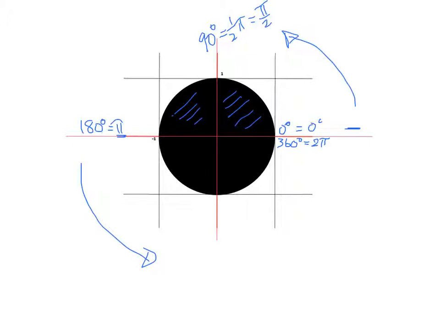And then coming around to here is the third half of pi. So this would give you 3 over 2 pi, or 3 pi over 2, which is equal to halfway between 180 and 360, 270 degrees.